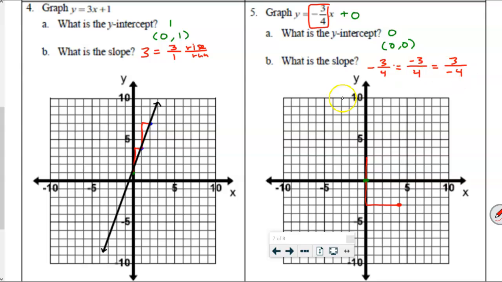And running -4, that means I'm going to the left 4. What do you notice about those 3 points? They're all on the same line, right? So again, it doesn't matter if you view it as a negative rise or a negative run. Just make sure you don't view it as negative rise and negative run.